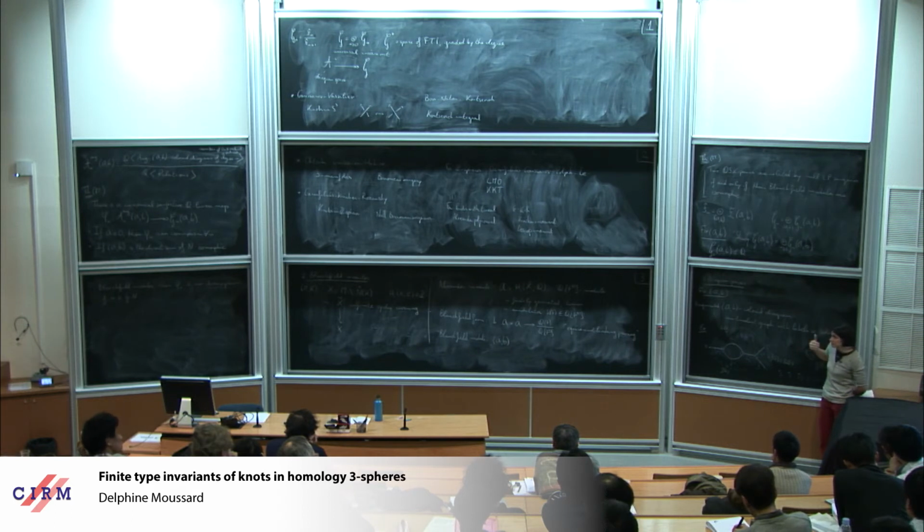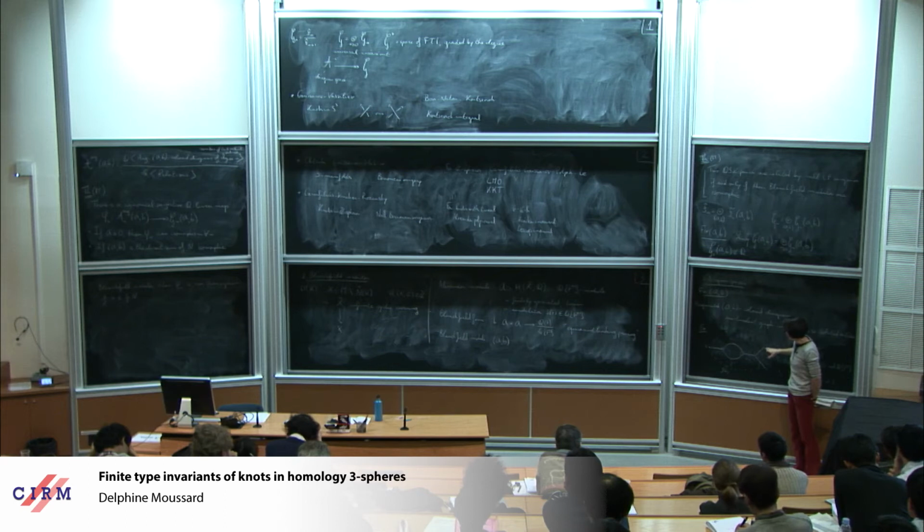Of course, these do not appear when you treat these spheres, since the first homology group is trivial. And the univalent vertices appear in order to deal with the case of a non-trivial Blanchfield module.